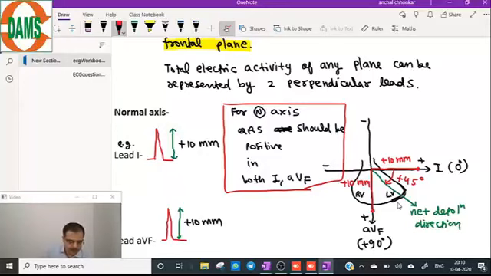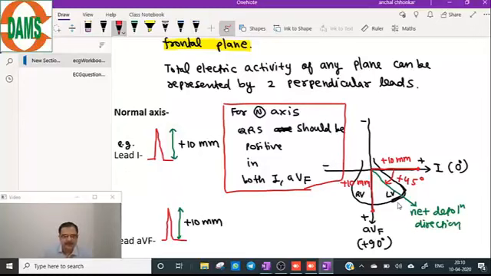Yes, it will be towards lead 1. It will get deflected because lead 1 is showing more strength. So the net depolarization will go towards lead 1.